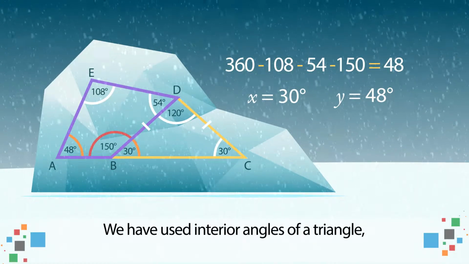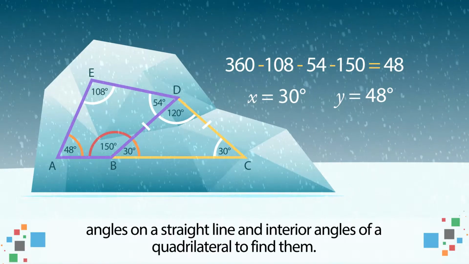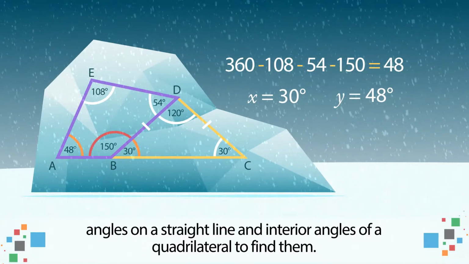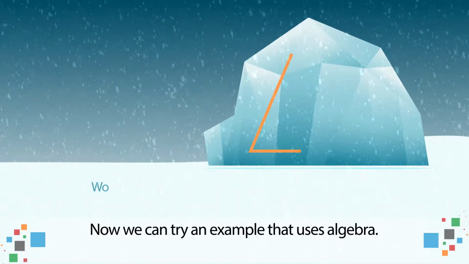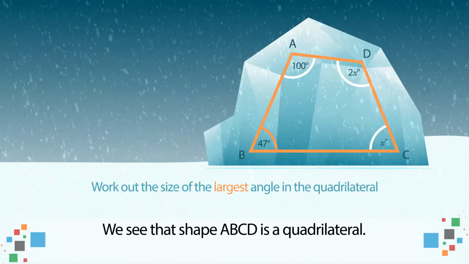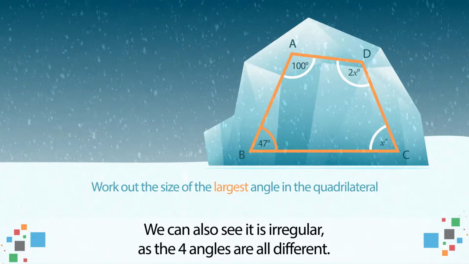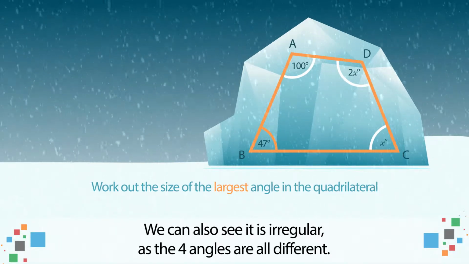We have used interior angles of a triangle, angles on a straight line, and interior angles of a quadrilateral to find them. Now we can try an example that uses algebra. We see that shape ABCD is a quadrilateral. We can also see it is irregular, as the 4 angles are all different.